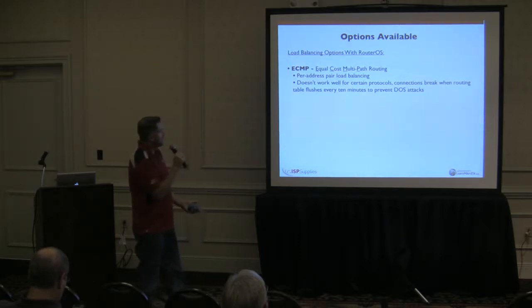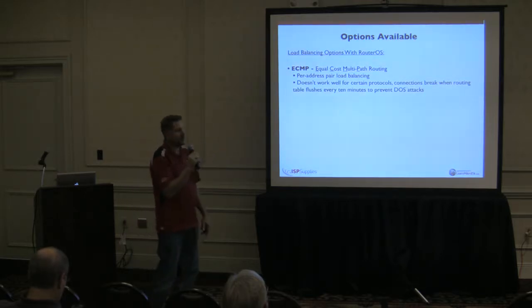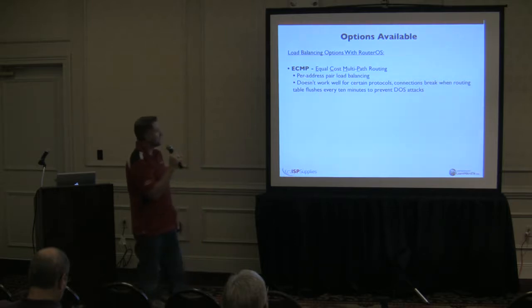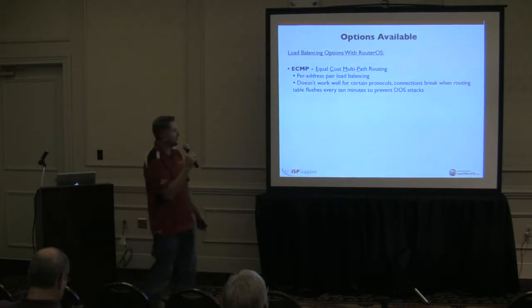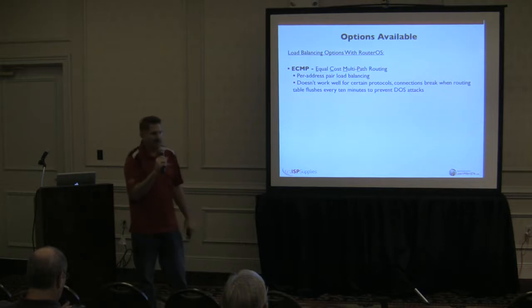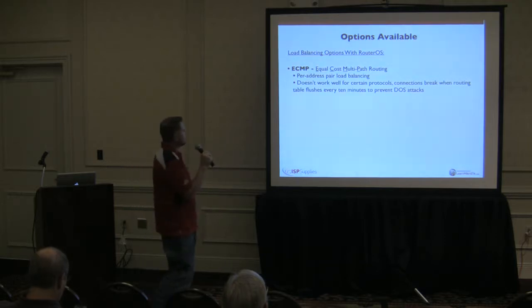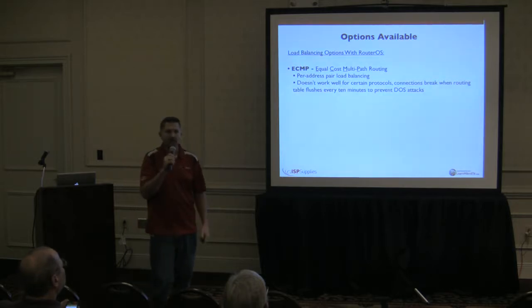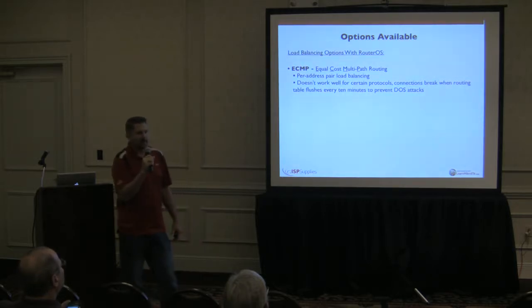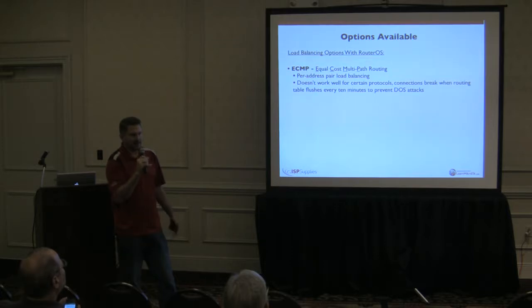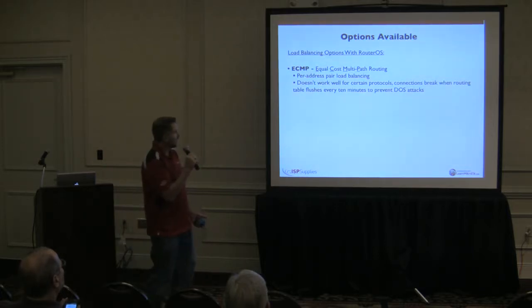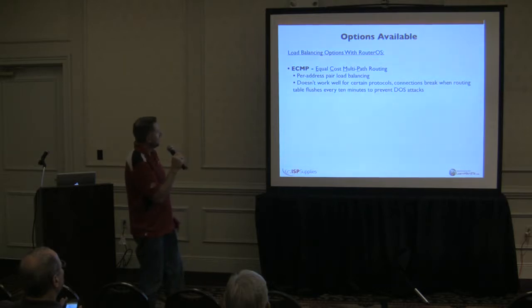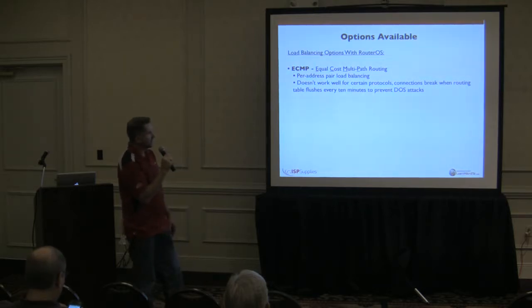One problem with ECMP is it doesn't work well for certain protocols because connections get broken when the routing table flushes every 10 minutes, which is a feature in the Linux kernel to prevent DOS attacks. So your connection may be going out one of the WANs right now. You're logged into your banking site. The table flushes and that connection gets dropped. And that doesn't make customers happy. So ECMP is not necessarily the right thing to use in a masquerade or a natted environment.